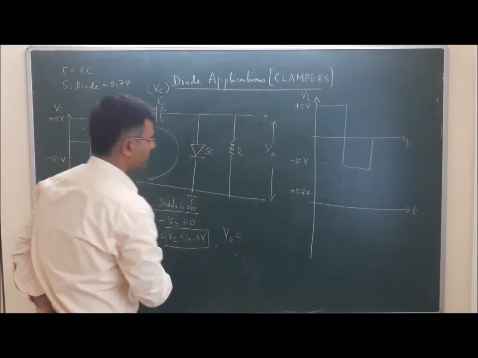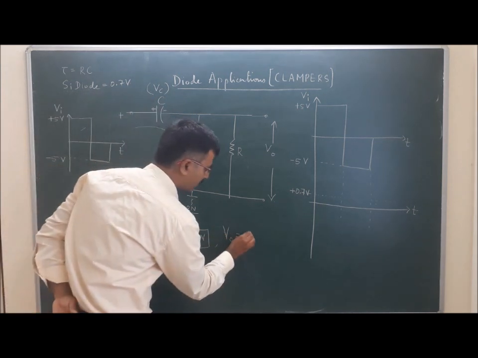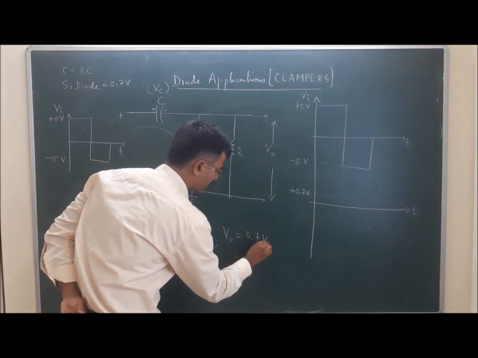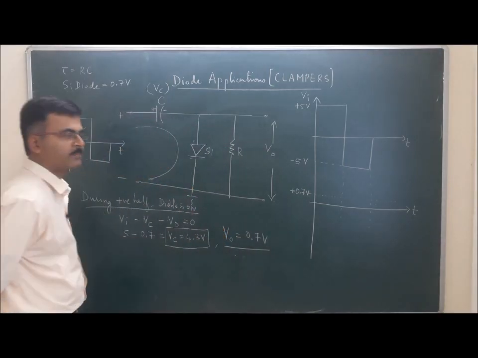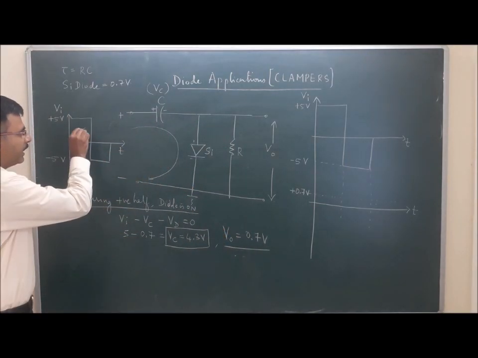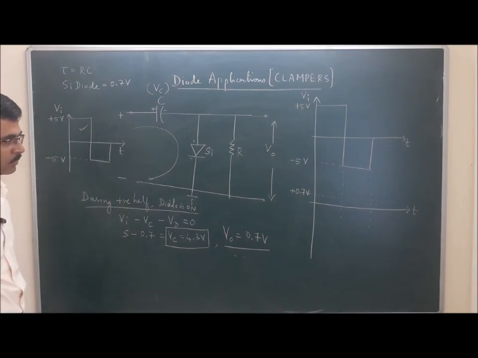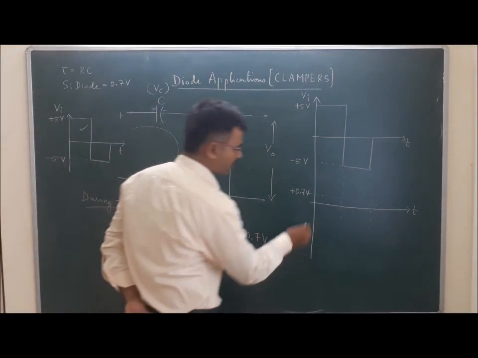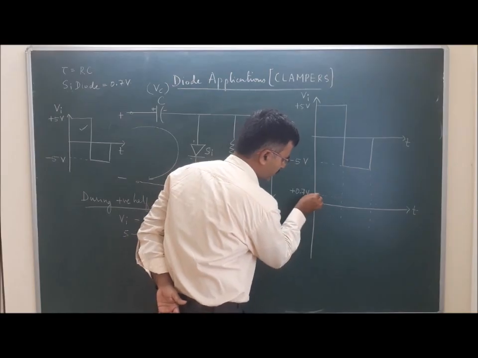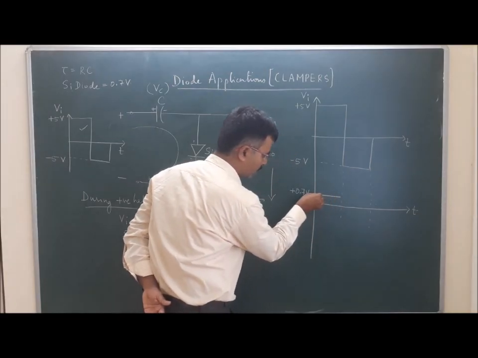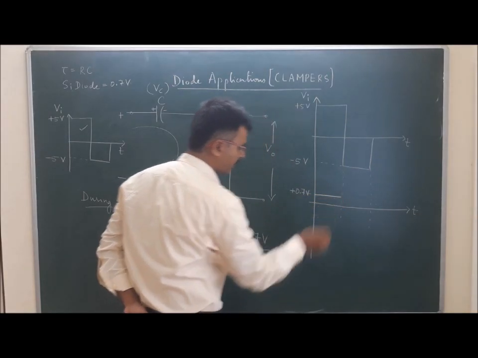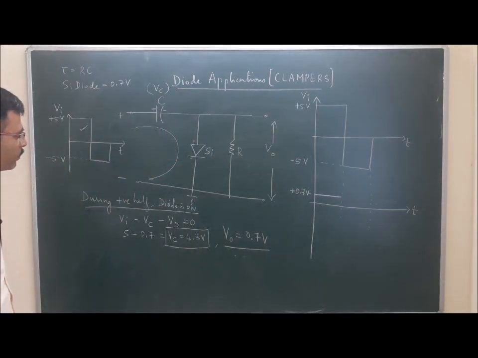V naught is nothing but 0.7 volts. So during the entire positive half of the input signal, the output is 0.7 volts. This is during the positive half.